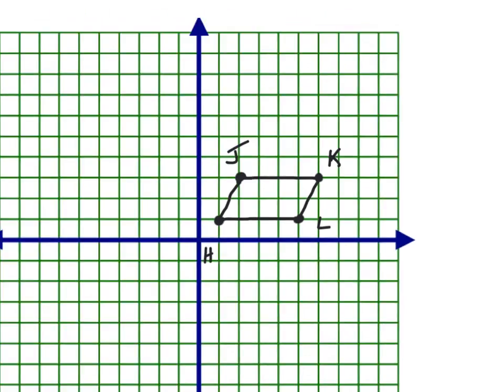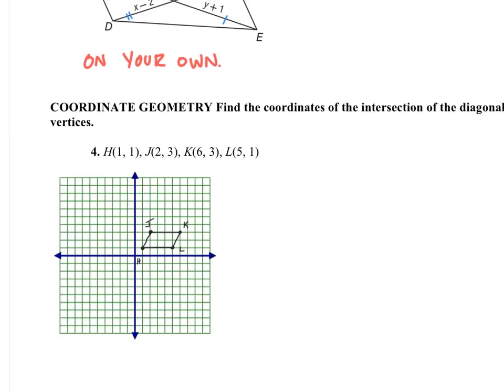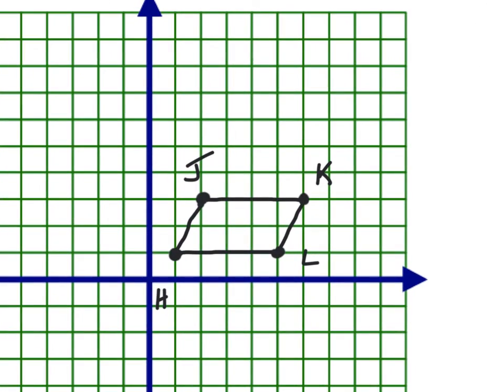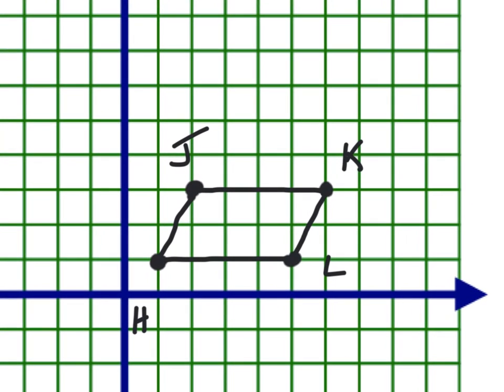So this is points H, J, K, and L. And so we want to find the coordinates of the intersection of the diagonals. Here's what we know about the diagonals, folks. I'm going to actually just sketch those in. So we've got HK and we've got JL, okay? And so the diagonals are going to hit right about here. We don't really know what that is.